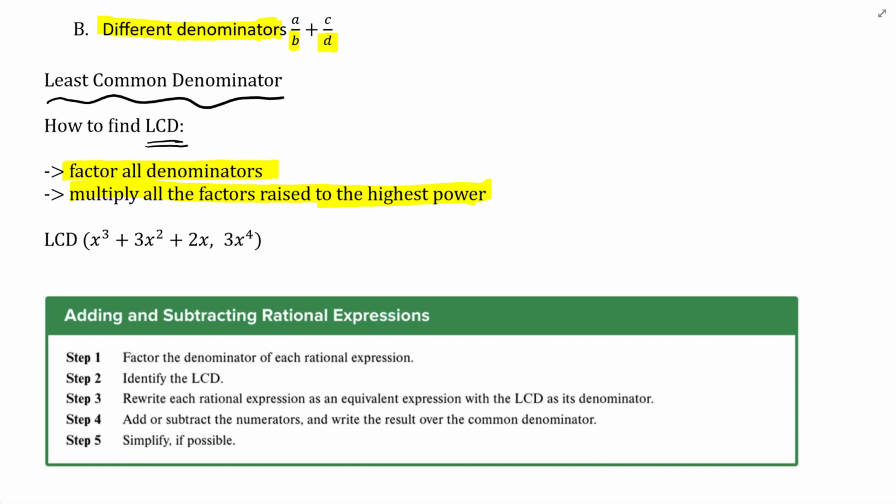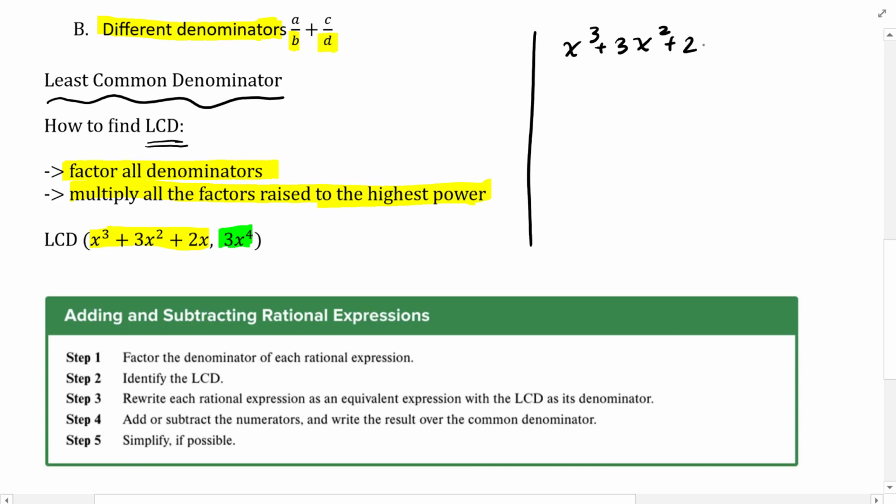So let's take a look at this example. Find the LCD of x cubed plus 3x squared plus 2x and 3x to the 4th. So first thing, we have to factor all denominators or factor all the expressions that you have. So let's deal with x cubed plus 3x squared plus 2x. We can factor x out of all the terms, so we end up with x squared plus 3x plus 2.